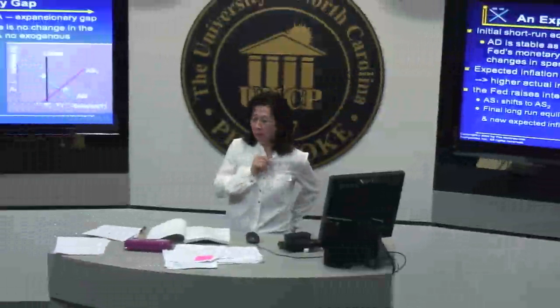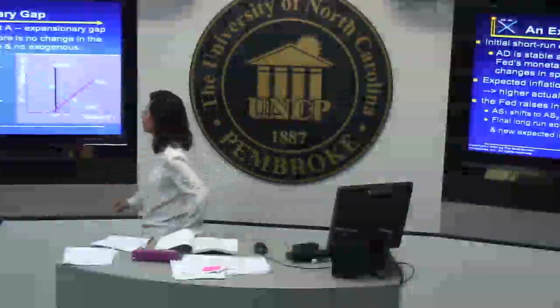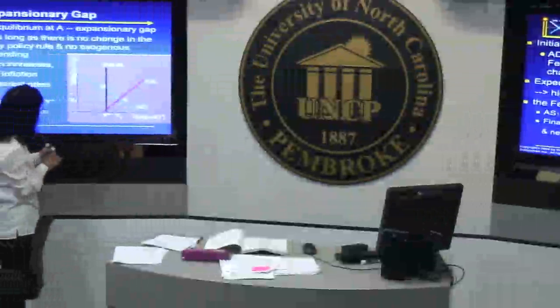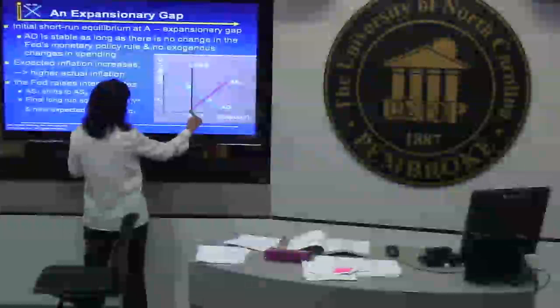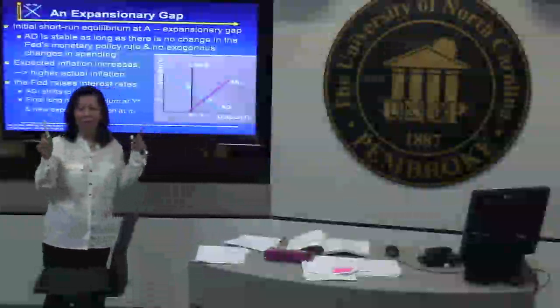Say, okay, what's going to be next? Contractionary monetary policy. Correct. The AD curve will shift down. How far down? Down until you hit here, and that's good because that's at the lower inflation rate.